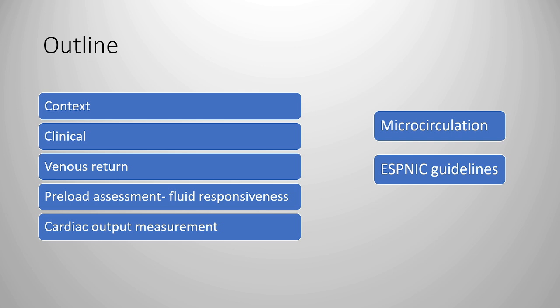When we measure broad parameters like blood pressure, heart rate, arterial blood pressure, and central venous pressure, these form the macrocirculation, where we measure parameters in and around the heart. Microcirculation is when we are trying to look at tissue perfusion and tissue oxygen utilization. Also, hand in hand, we'll keep looking at the ESPNIC guidelines, which were published in 2020. They gave us some statements on various aspects of hemodynamic monitoring in children.